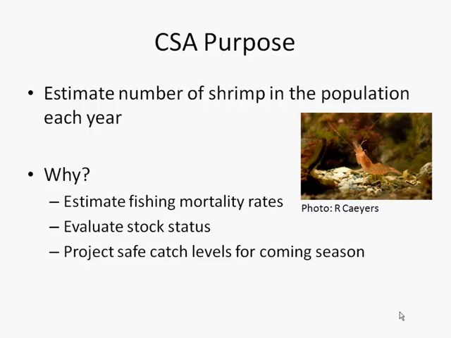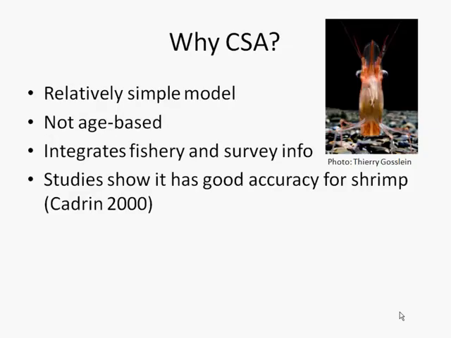So we want to take those trends and translate them into absolute numbers so that we can then use those numbers over time to estimate fishing mortality rates or total mortality rates, and then evaluate the stock status and project what might be the safe fishing levels, the TAC, for the coming season. So that's why we do the CSA.